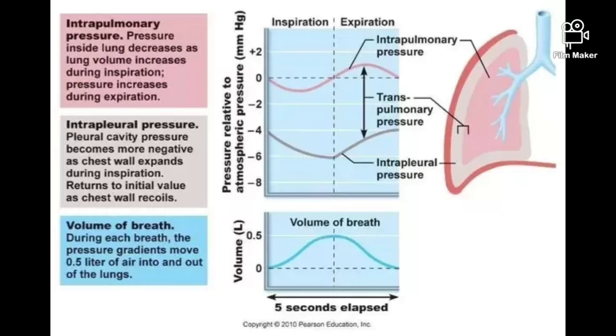Factors that determine the compliance of lungs are factors within the lungs and factors of the chest wall. So what are the factors within the lungs that determine compliance? They are the elasticity of the lungs, volume of the lungs and the phases of respiration, and the degree of congestion in the pulmonary capillary.